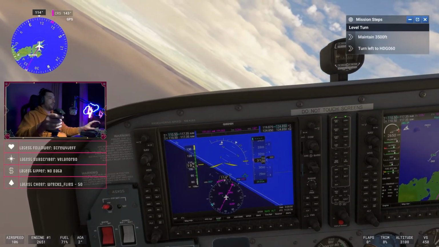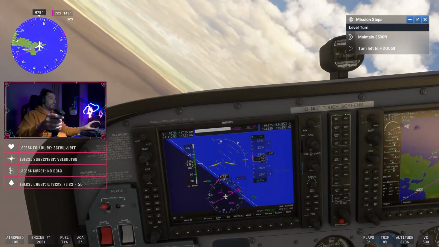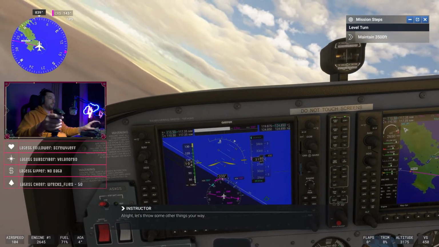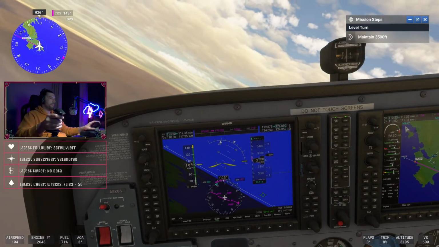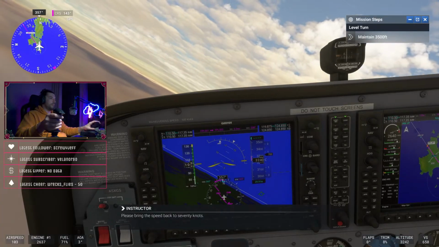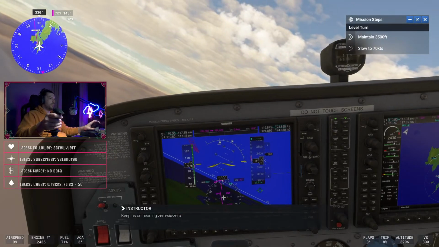And I just try to get my right altitude. Let's throw some other things your way. Please bring the speed back to 70 knots. 70 knots. Okay, I can do this. Keep us on heading 060.